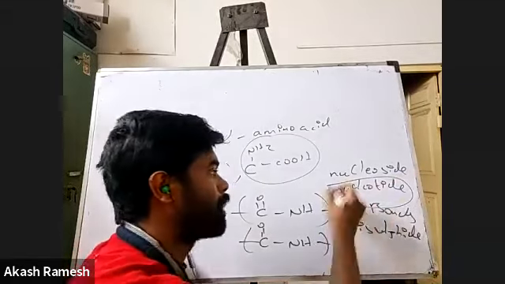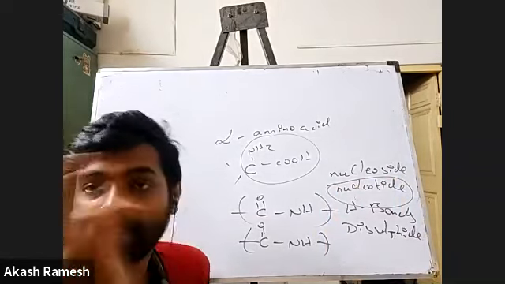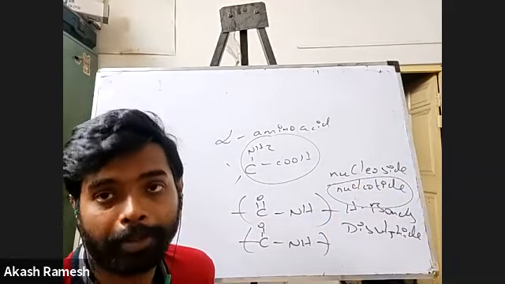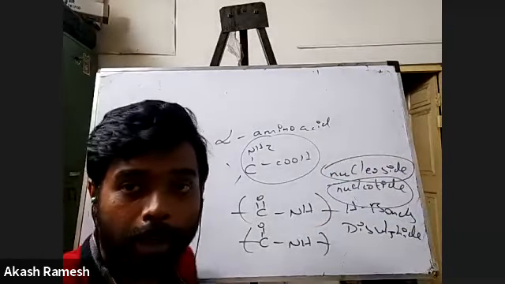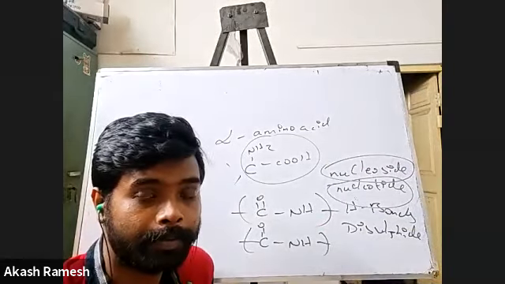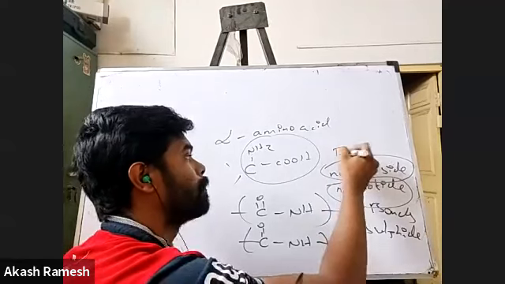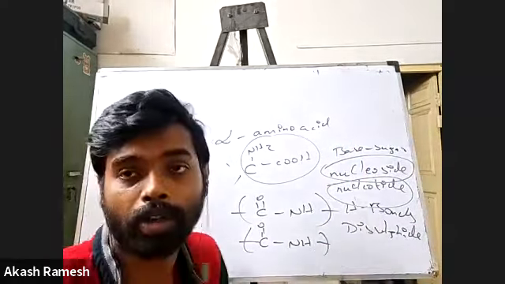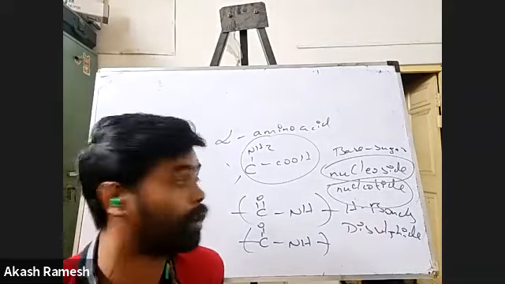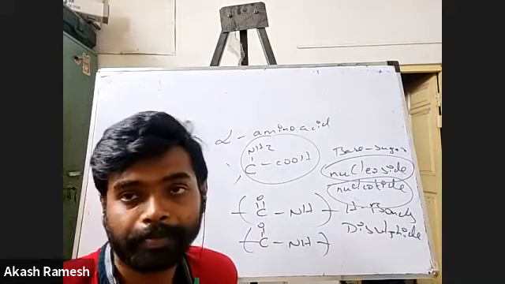Nucleotide is the entire molecule, all these three things put together, right? Now nucleoside is only two. Which two are going to come in nucleoside? Can you tell me? Base and sugar. Yes, absolutely right. You're going to have only the base and the sugar. That is the nucleoside. Nucleotide is the overall thing, all three things put together.